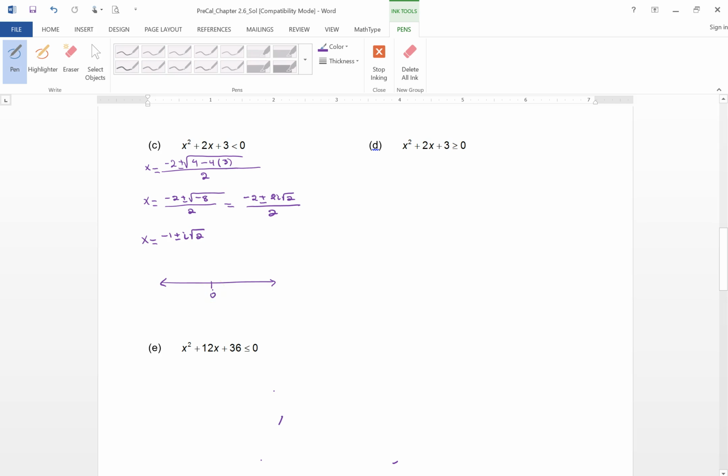So just put 0. So basically there are no real solutions to put on the number line. What I do is I need to examine my function with respect to the number line.